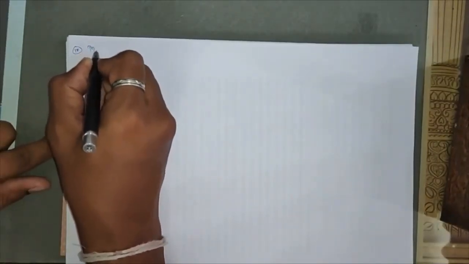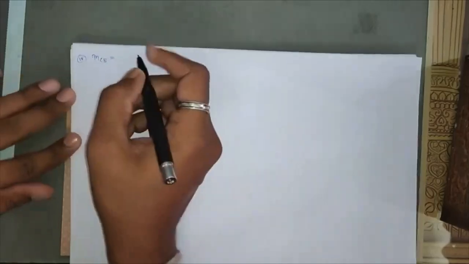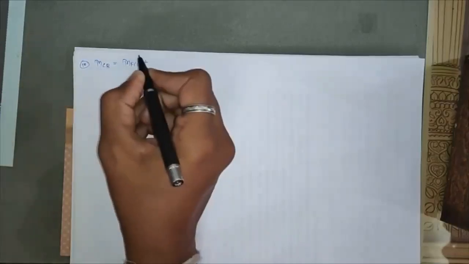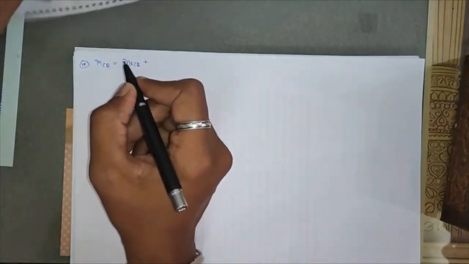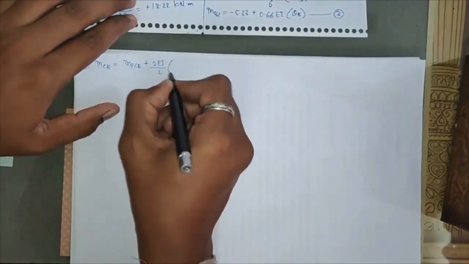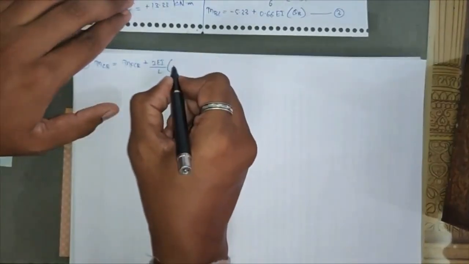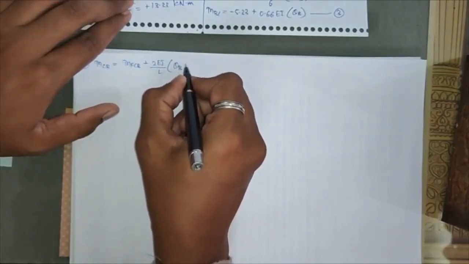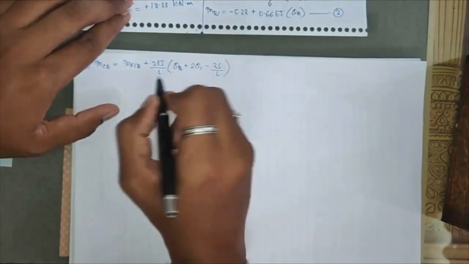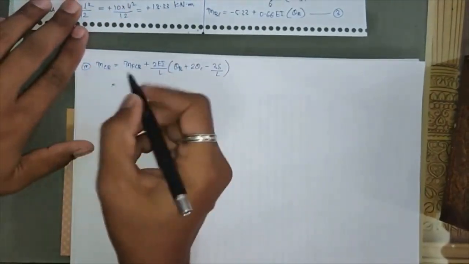Now the fourth member, that is MCB. For MCB, what will happen? MFCB plus 2EI upon L into bracket, what will we get? Theta B plus 2 times theta C minus 3 delta divided by L. We'll solve this.